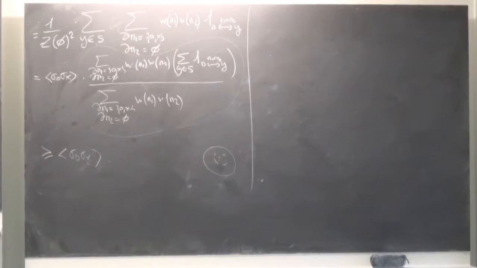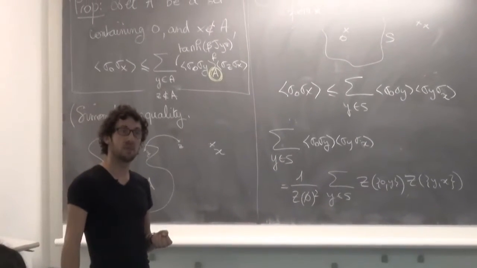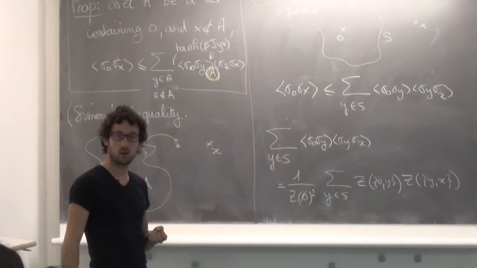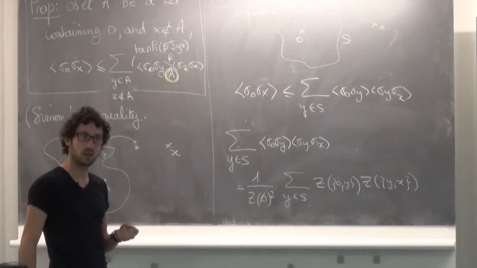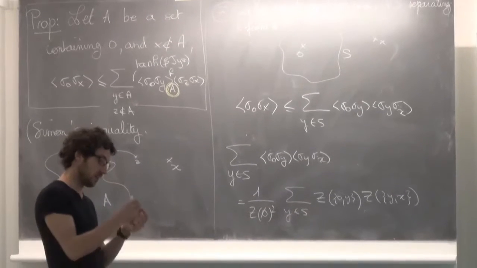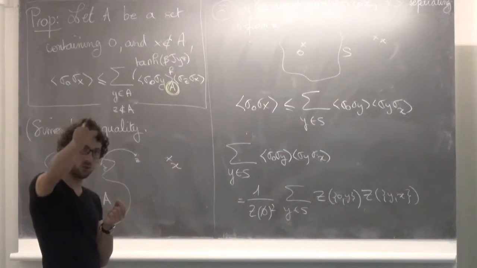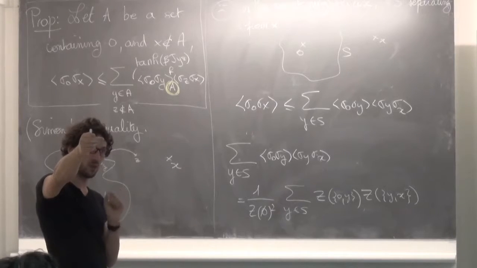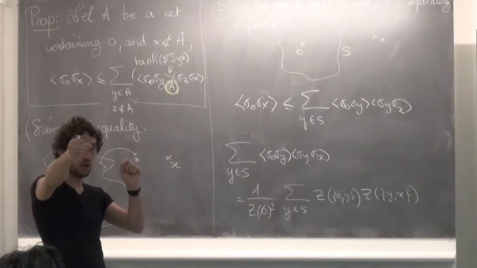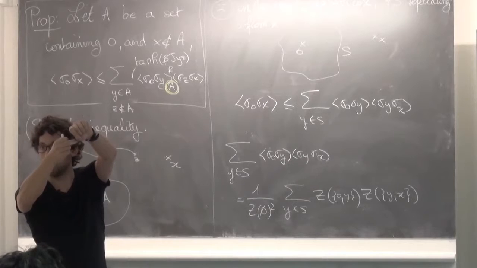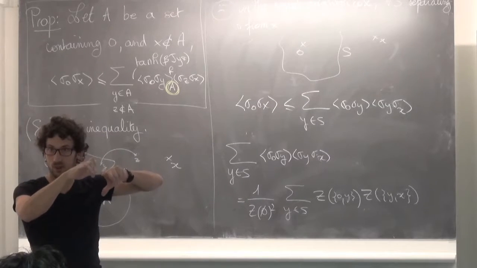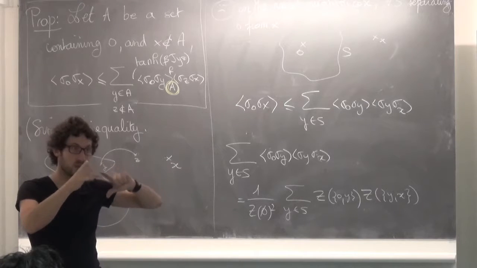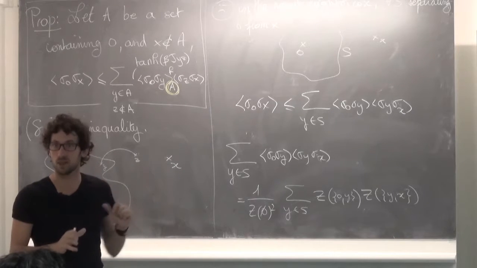You should think of this Simon's inequality. It's basically giving you what the Van den Berg-Kesten inequality was giving us for percolation: that if I need to be connected from 0 to x, I need to be connected from 0 to a certain y, and from y to x. And there, what we were using is disjoint occurrence to say that the probability of that is smaller than the product of the two probabilities.